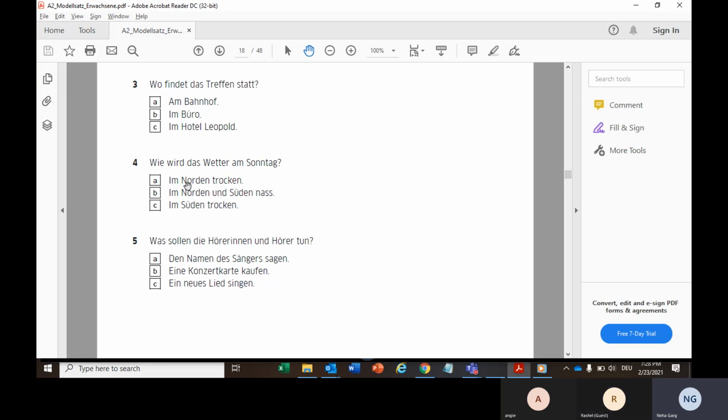So obviously the first is not the right answer, the third is not the right answer because of Sunday. They mentioned it is wet in south. So obviously B is the correct answer. If you're not understanding the whole conversation, then the last section could have helped you here to reach the correct answer, because anyways A and C are not the right answers.